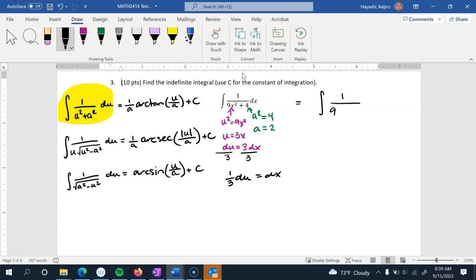So I'm just going to rewrite this, 9x squared plus 4 dx, and throw in a 3 and a 1/3 on the outside, so that I can write on the top 3 dx over 9x squared plus 4.